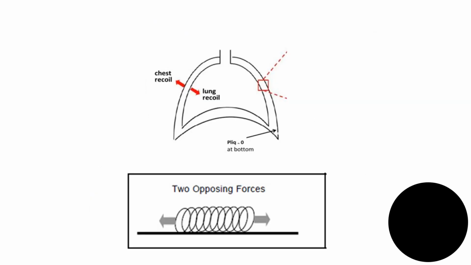But this is, of course, true if we are studying the lungs alone and the chest wall alone. What is happening in the respiratory system is that both parts are interacting together.